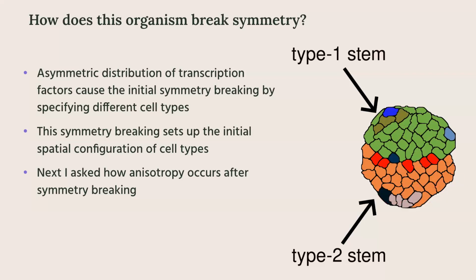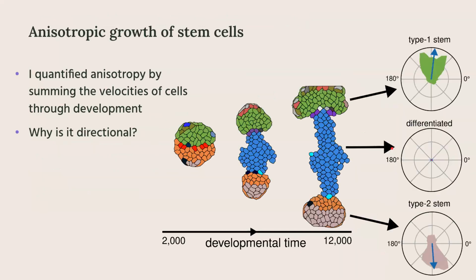And the next thing I asked was, okay, so given this initial symmetry breaking event, how does anisotropy occur? And what I did is I summed up all the velocities of type 1 stem cells, differentiated cells, and type 2 stem cells independently and tested how the cells are moving through development.